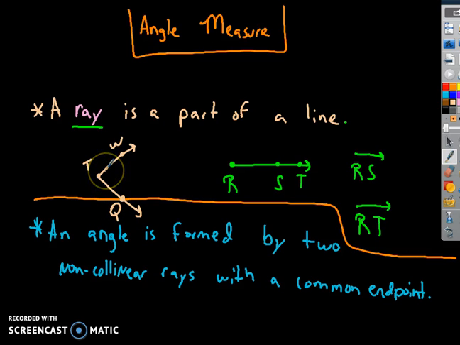It's two non-collinear rays. The two rays are called the sides of the angle. So this is one side of the angle, this is the second side of the angle. And you would name this angle, angle WTQ.